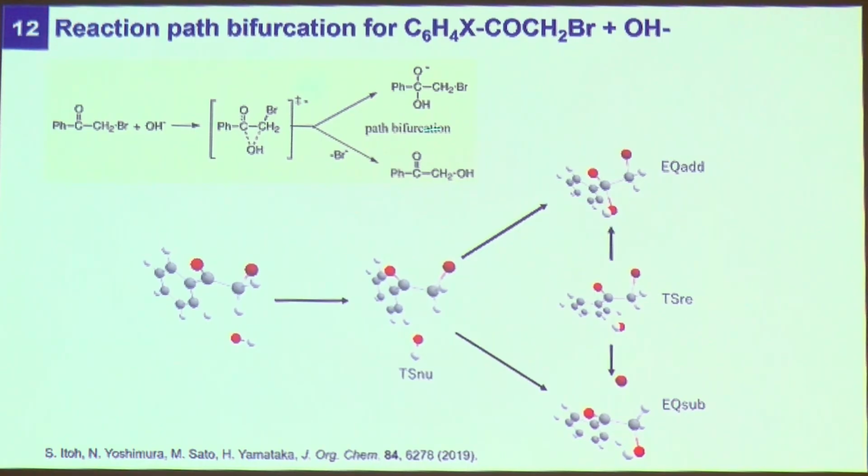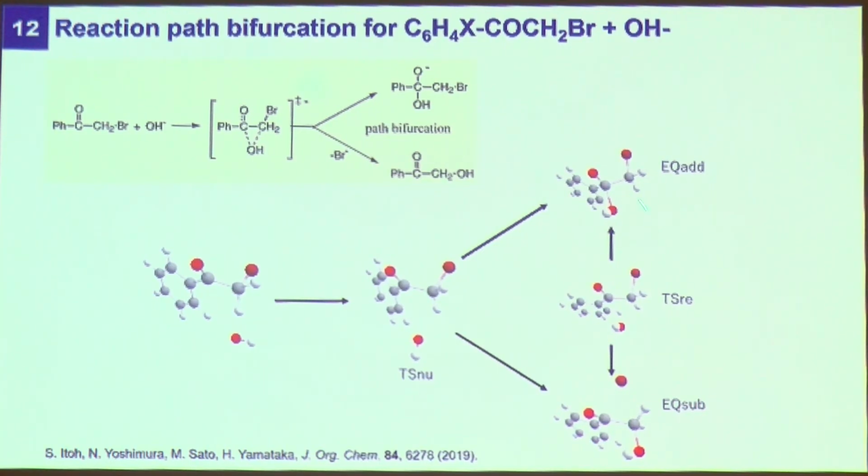Then two different products. And in this case, bromine leaves. So this is the structure: reactant, transition state, and these two products.